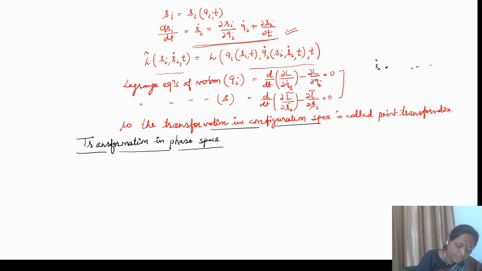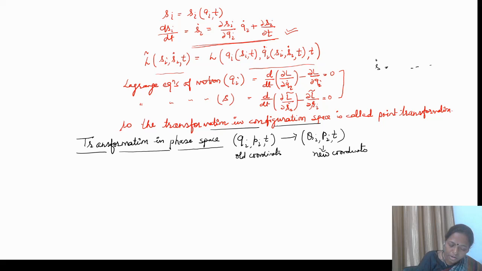In phase space, let your system of coordinates describing the system be qi, naturally pi, and time. This is the old system, old coordinates. And you want to transform these to capital Qi, capital Pi, and time. These are the new coordinates.